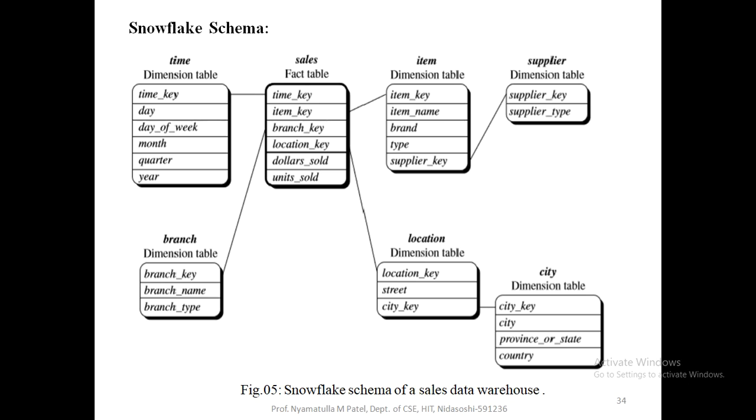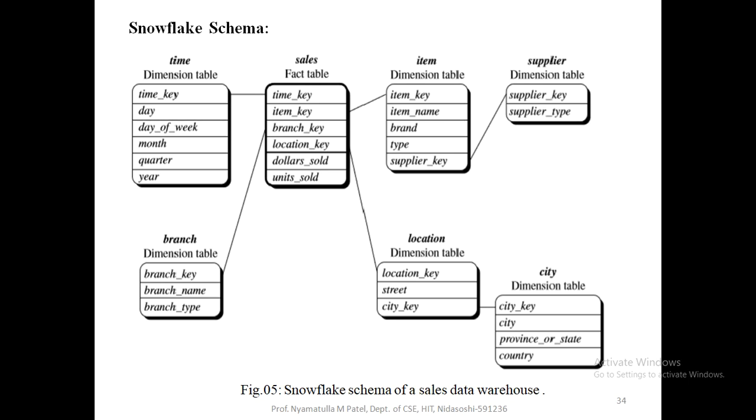So to reduce the redundancies, the dimension tables in a snowflake model are kept in normalized form. Such a table is easy to maintain and saves storage space.